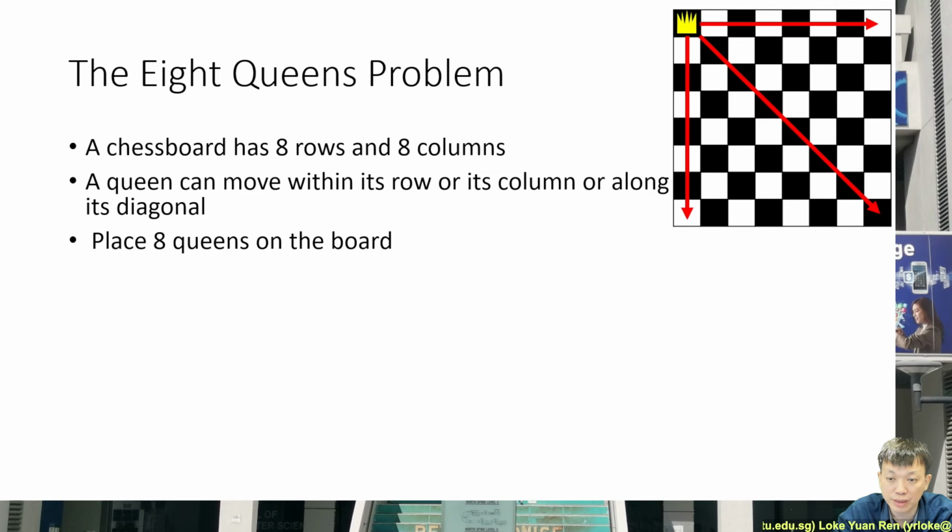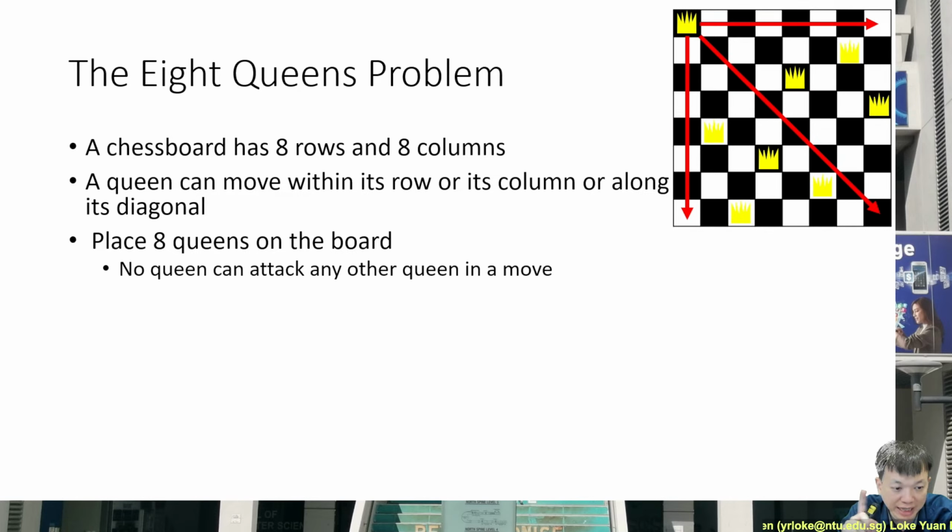Your objective in this problem is to put 8 queens on this 8 by 8 chessboard, and ensure that no queen can attack any other queen in one move.